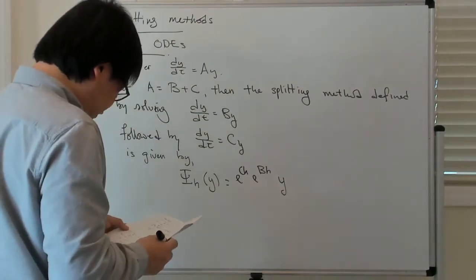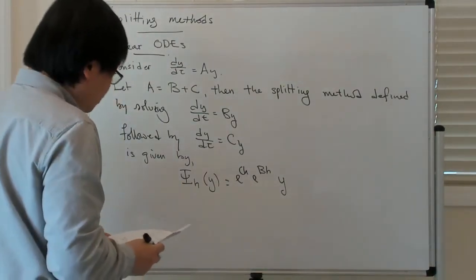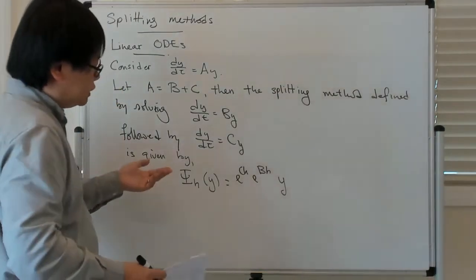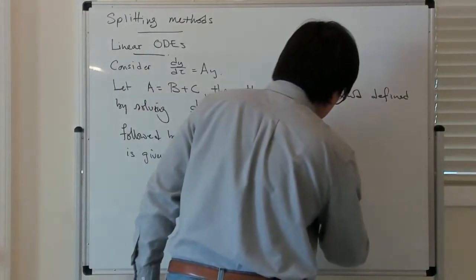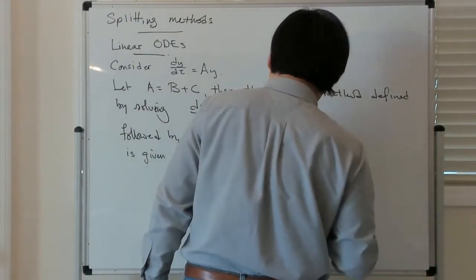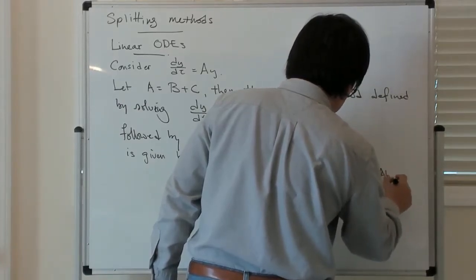Okay, so that's the numerical method, if you will. And then what you're comparing it to, of course, is e to the Ah times y, right? So the exact flow, if you will, formally, is e to the Ah times y.